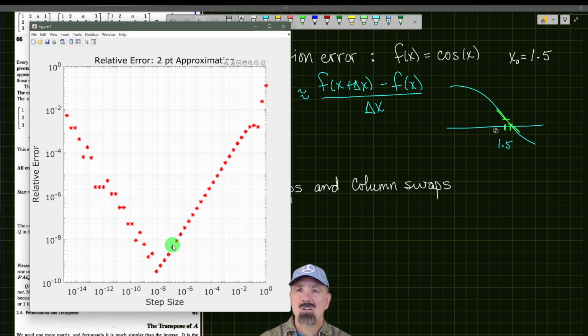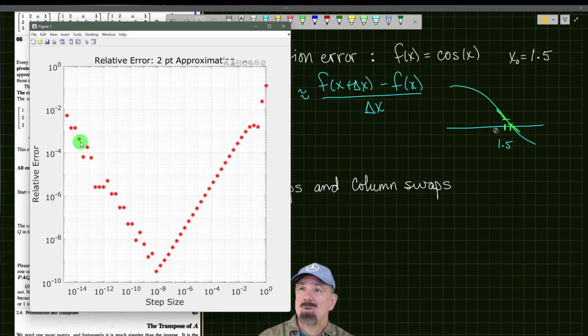That continues to work using the forward difference until we reach step sizes smaller than 10 to the minus 8. When the step size becomes even smaller, we are dividing by smaller and smaller numbers. And division by small numbers is cancellation error. It causes error because by dividing by a small number, we are amplifying errors in the numerator.